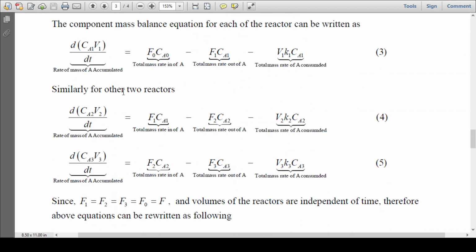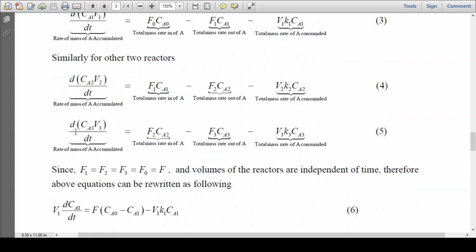Similarly, we can write for reactor 2: the accumulation of A within reactor 2, d(CA2 V2)/dt, equals F1 CA1, which is the rate of A coming into the reactor from reactor 1, minus F2 CA2, the rate of mass out from reactor 2, minus V2 K2 CA2, the rate of A consumed due to the reaction in this particular reactor.